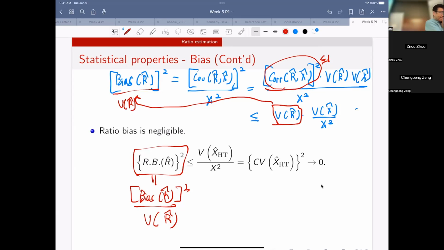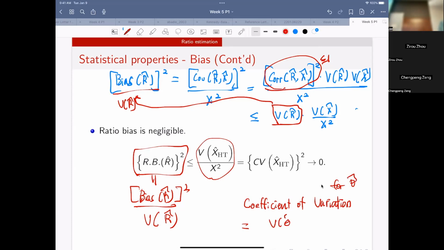So this guy is sometimes called the coefficient of variation. The coefficient of variation for theta hat is the square root of the variance of theta hat divided by the expectation of theta hat.